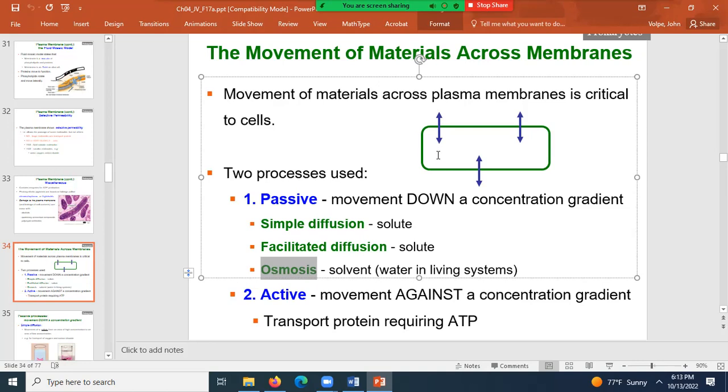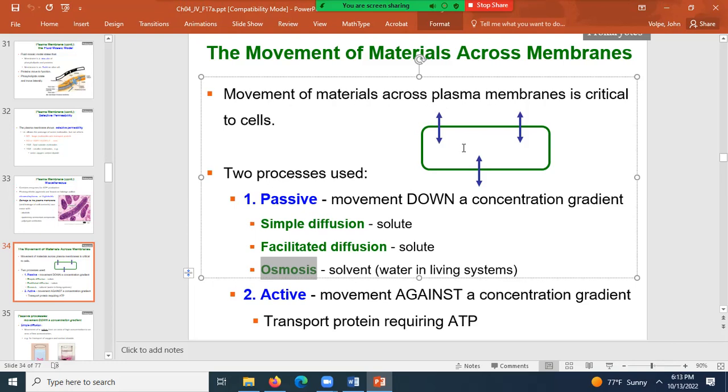For example, if we have an amino acid outside the cell, the cell is going to want to transport that amino acid inside, even though there's a higher concentration of amino acids inside the cell.